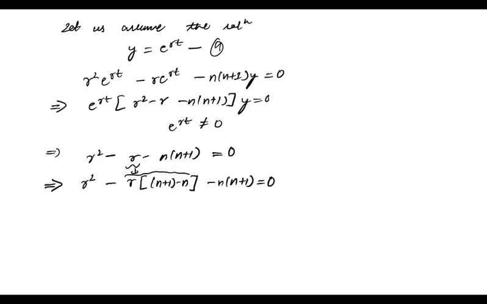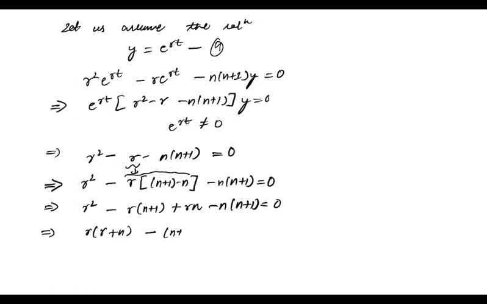Now what we'll do is that we'll just open the second bracket, so we'll get r square minus r into n plus 1 plus rn minus n into n plus 1 equal to 0. Now we can take r common from first and third term, and we can take minus n plus 1 common from second and fourth term.